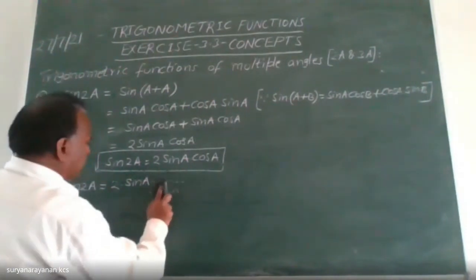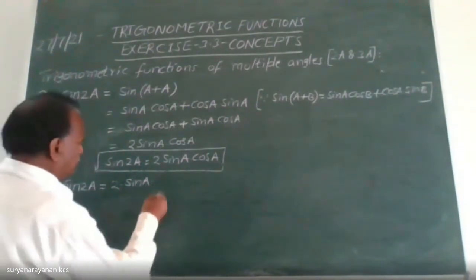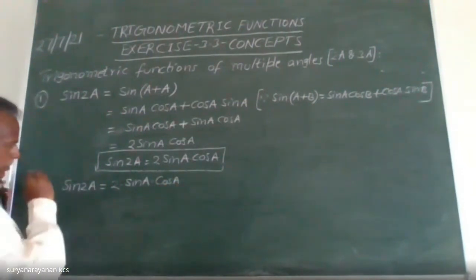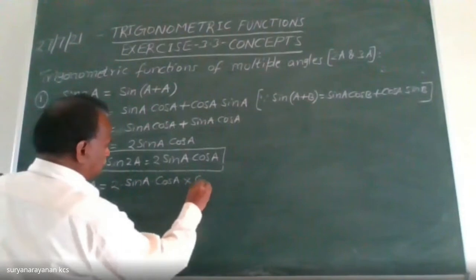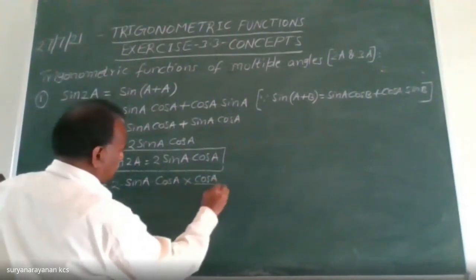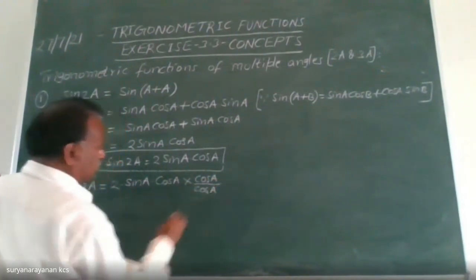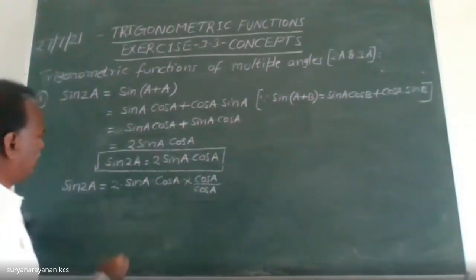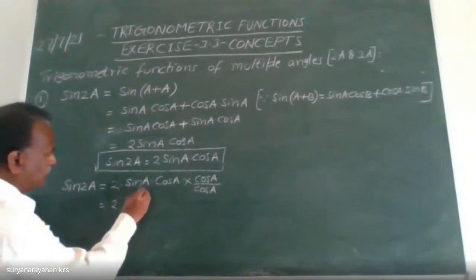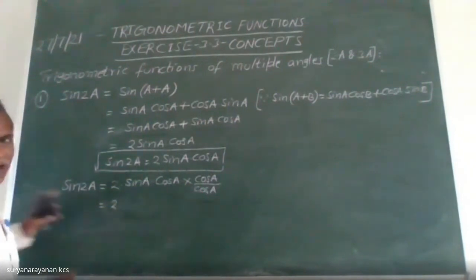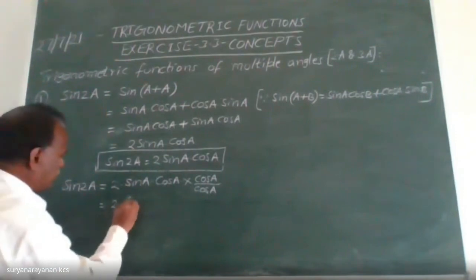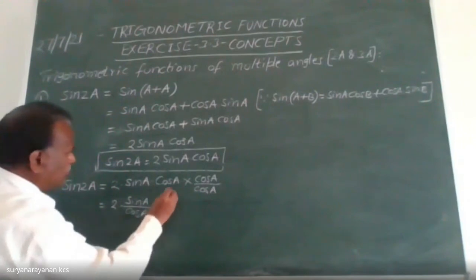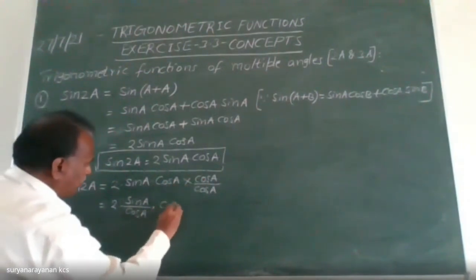Or let us multiply this one by cos A. I am multiplying this number by cos A. Now 2 into sin A by cos A into cos A, let us write this cos A as the denominator.